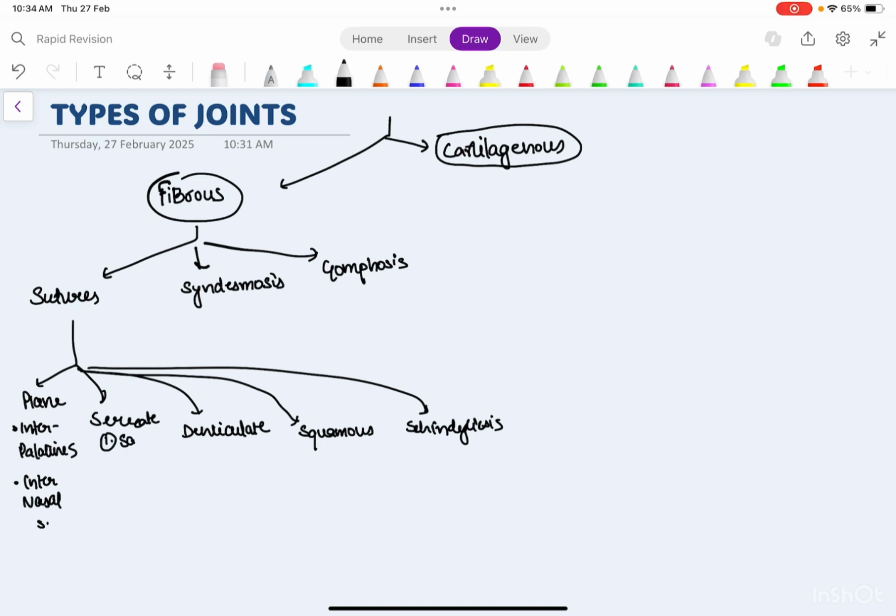In serrate you have to remember the sagittal suture. In denticulate we have the lambdoid suture, in squamous the parieto-temporal suture, and in schindylesis we have the vomerosphenoidal suture.